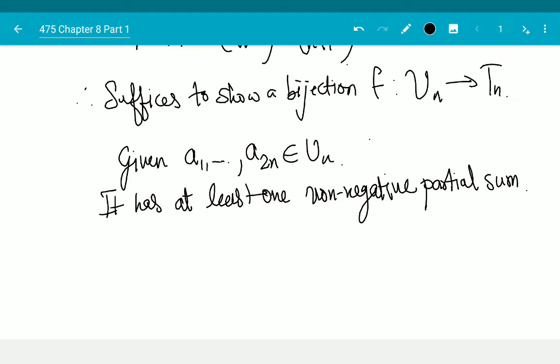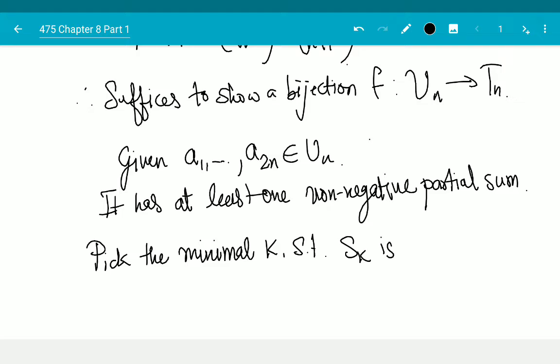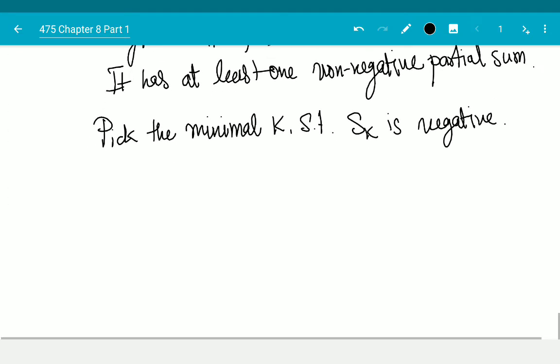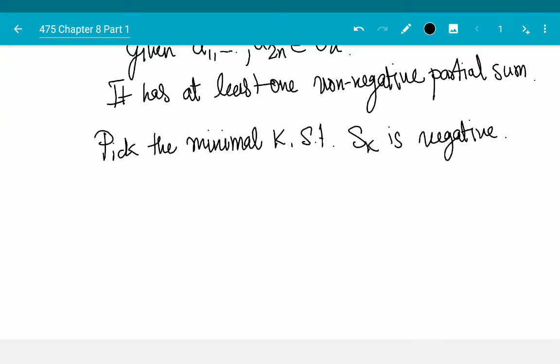So pick the minimal k such that s_k is negative. Oops, I didn't mean to say non-negative, I meant negative partial sum. My bad.